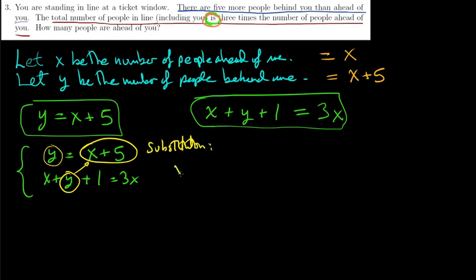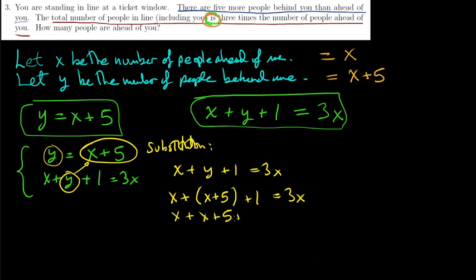So x plus y plus 1 is equal to 3x. But we know that y is equal to x plus 5. So this is just x plus 5 plus 1 is equal to 3x. x plus x is 2x.